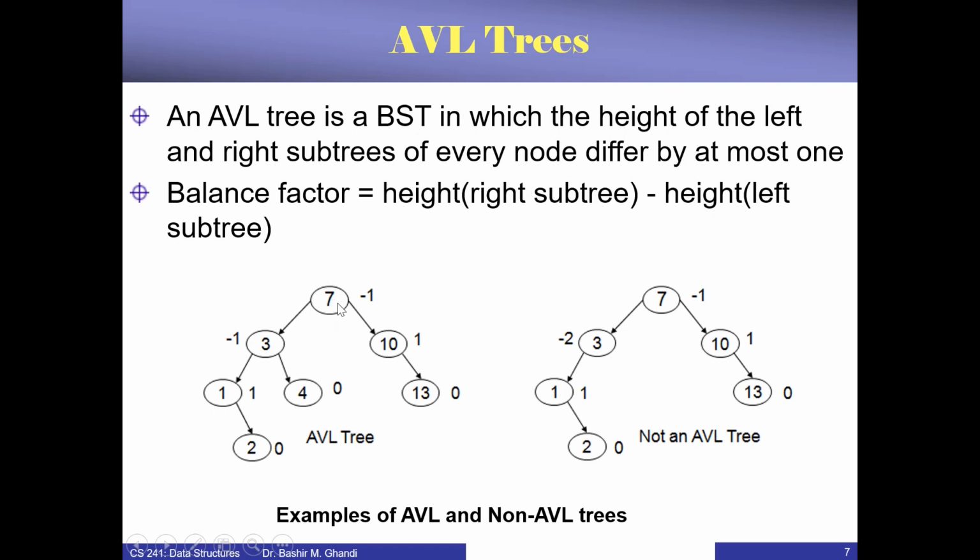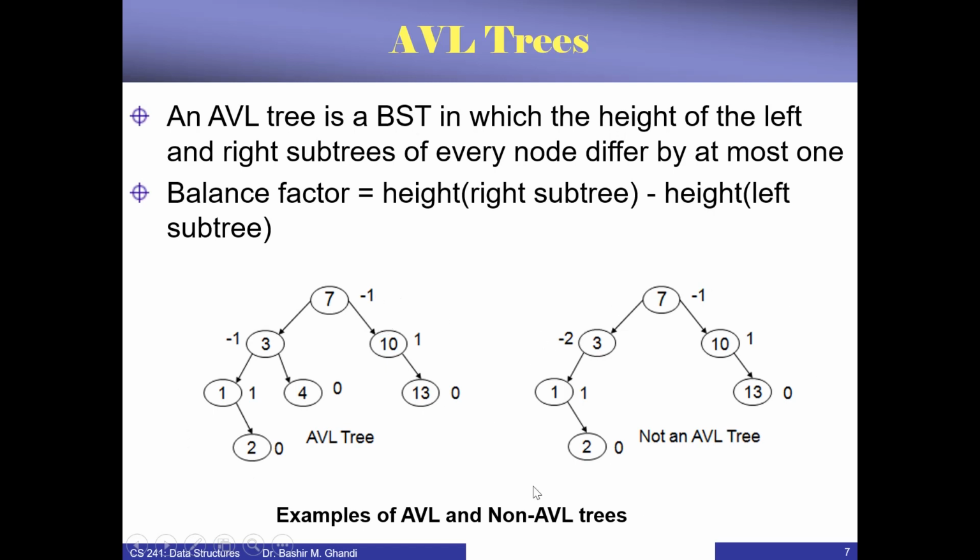Here, for example, for node 7, its right subtree is of height 2, and its left subtree is of height 3. So the balance factor is 2 minus 3. These values are the balance factors of each node. Once you see that the balance factors range between -1, 0, and 1, then the tree is considered to be AVL, or a balanced tree.